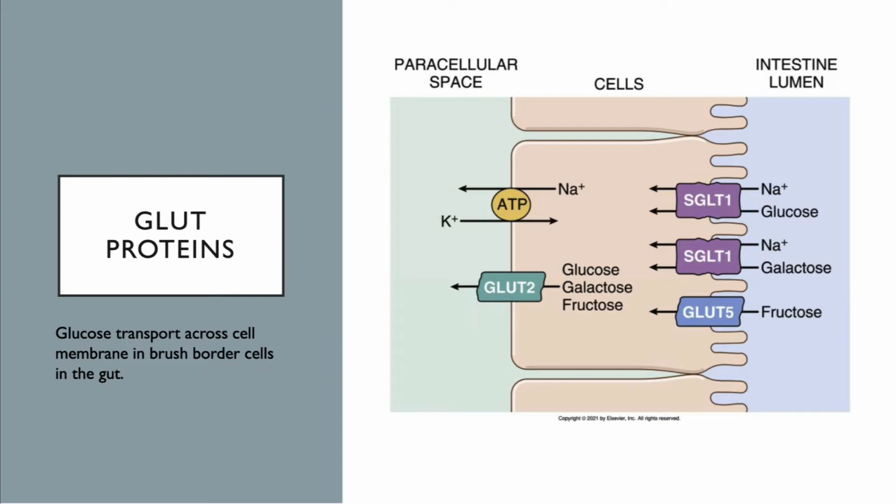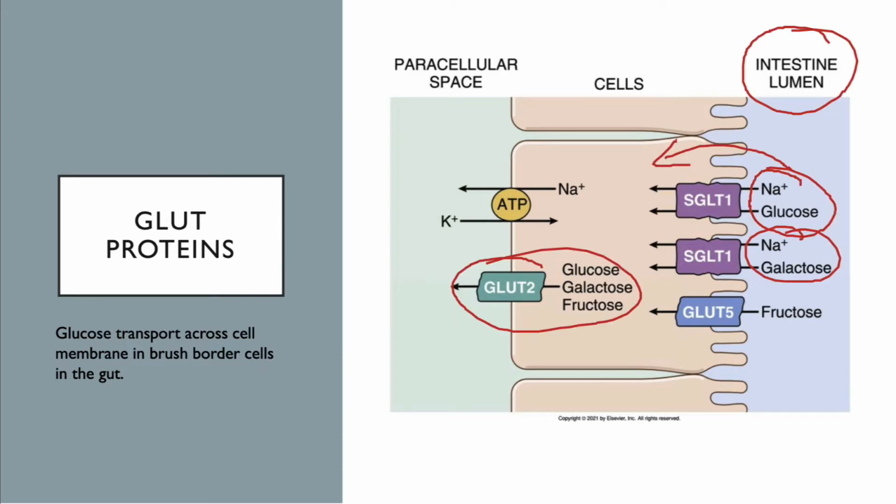They move the sodium and glucose through the brush border into the cells of the gut, and then the GLUT2 put sugar, galactose, and fructose into the interstitial space.